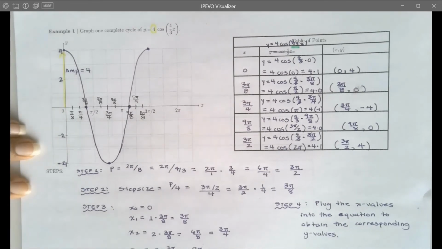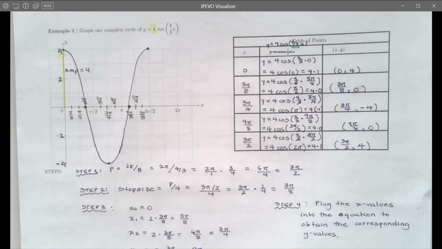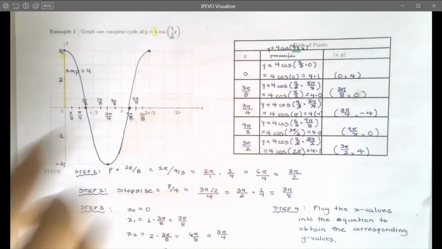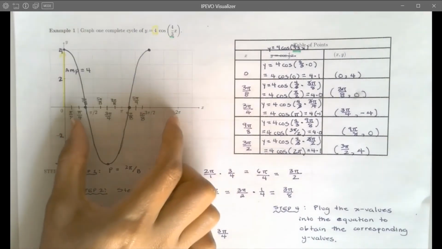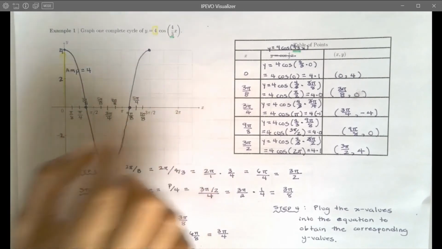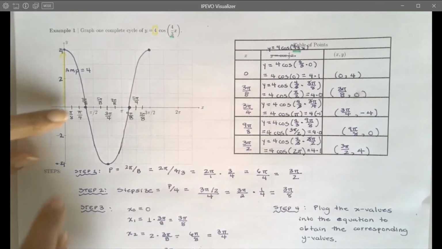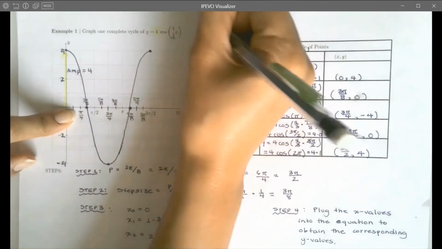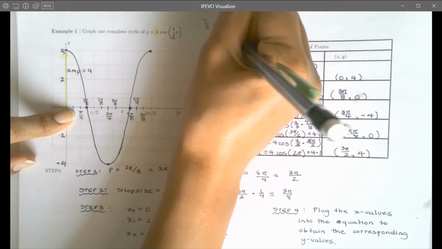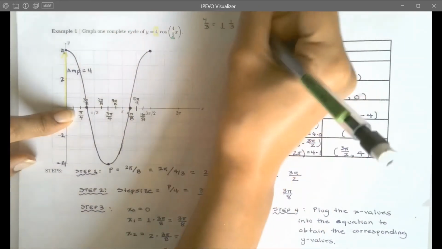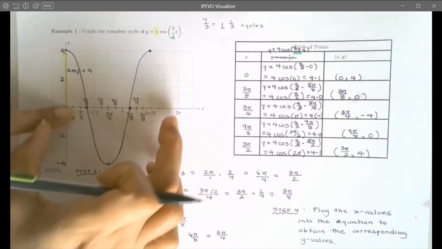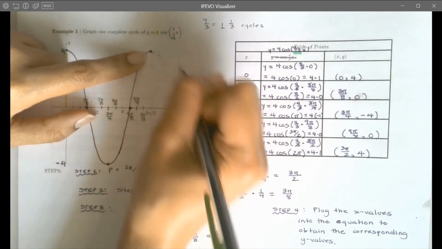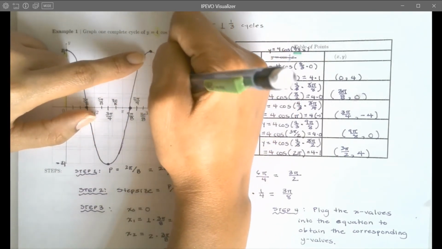Now the 4/3 is dictating what the period is going to be. And this is telling us that in 2 pi radians, we're going to see 4/3 of a cycle. So what that means is we're going to see 1 full cycle plus 1/3 more, because 4/3 is the same thing as 1 1/3, right? So that means that in 2 pi radians, we should see 1 full cycle, and if we continue the graph, we're going to see 1/3 of another one.